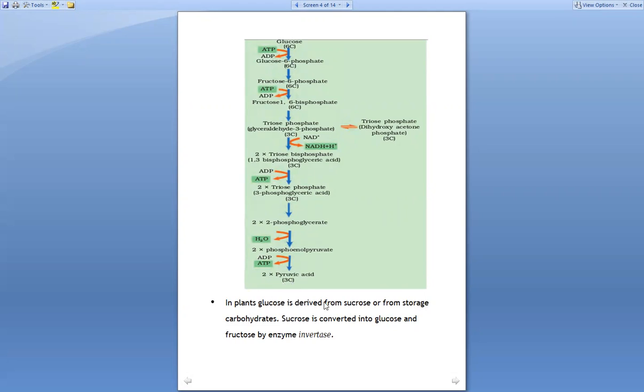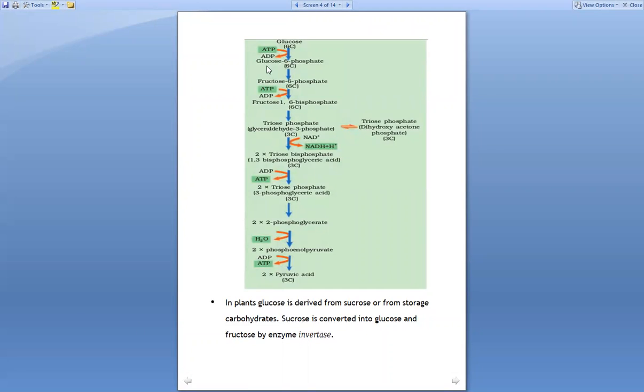So in plants, the glucose is derived from sucrose or from storage carbohydrates. That is, the glucose is being formed from the sucrose, or the plants are going to get it from the carbohydrates which are stored, right? This sucrose is converted into glucose and fructose by the enzyme invertase.